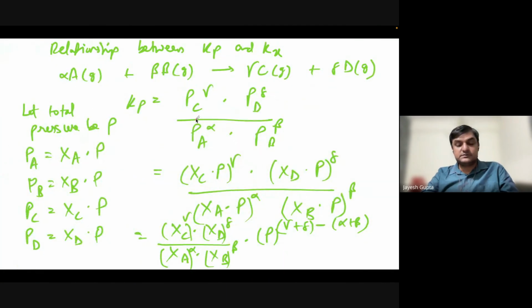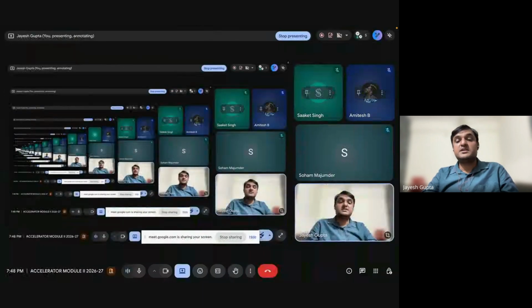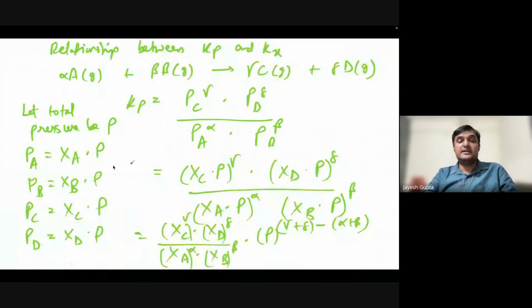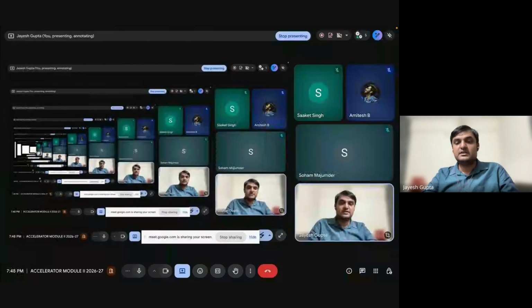Because A and B are reactants, they came in the denominator, C and D are products, so they came in the numerator, and they are raised to their respective coefficients. Now, on the left side, you can see the relationship between total pressure and partial pressure is written. Do you know this relation? That partial pressure is mole fraction times total pressure.